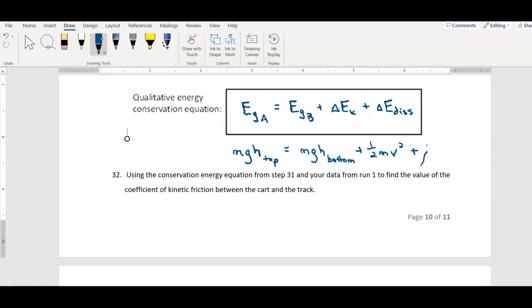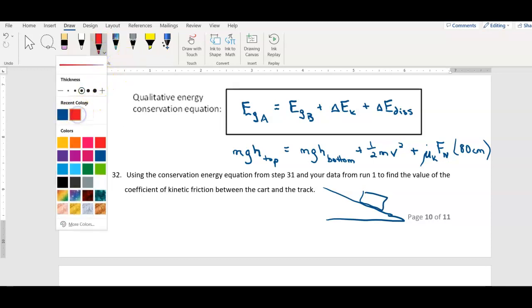Well, the friction force is the coefficient of kinetic friction times the normal force, times the path length, which here is 80 centimeters. We're going to have to convert that to meters. You're going to have to do a little bit of a force diagram because you need to find the normal force on that cart, right?